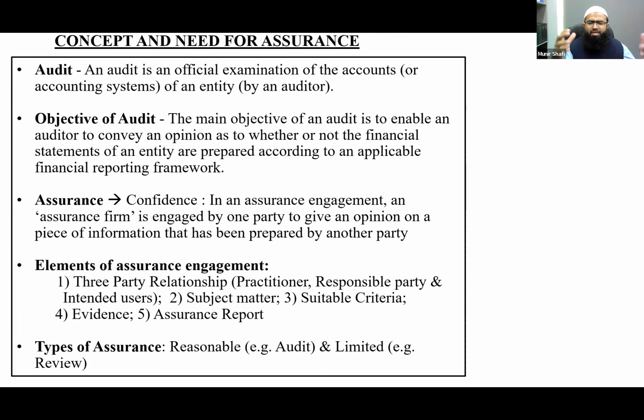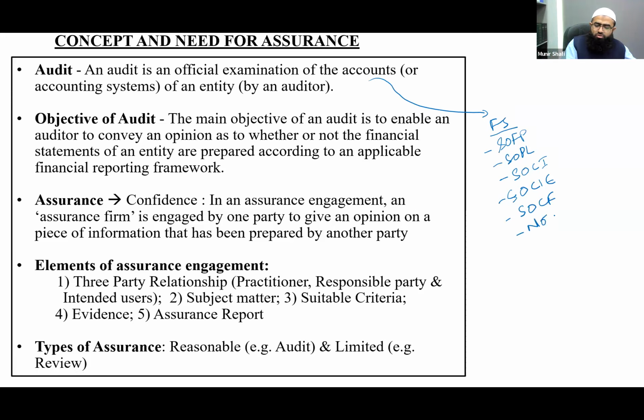And we say examination of accounts, meaning financial statements. Obviously, we know that when we talk about financial statements, they contain all the elements, including a statement of financial position, a statement of profit and loss, statement of comprehensive income, statement of changes in equity, statement of cash flows, and notes.